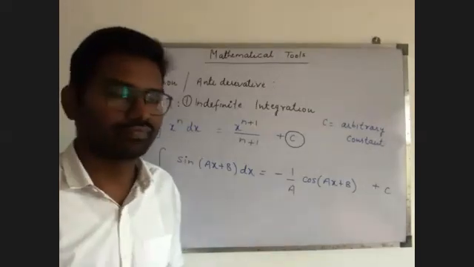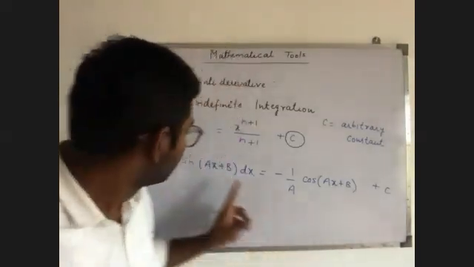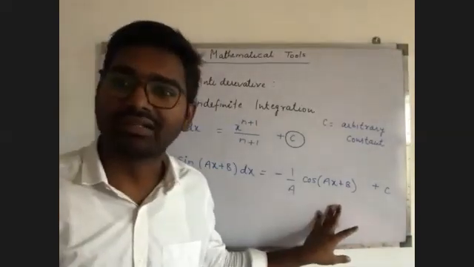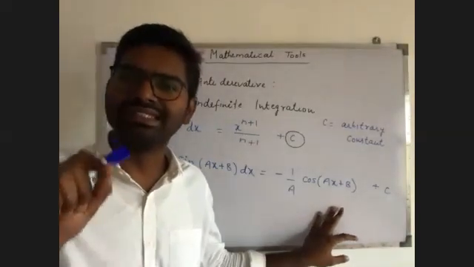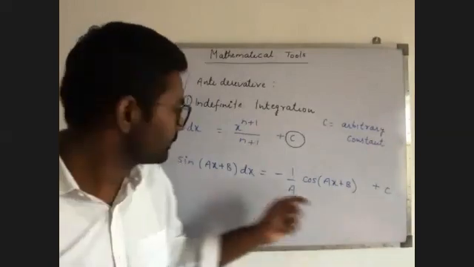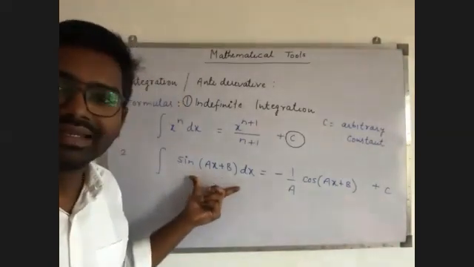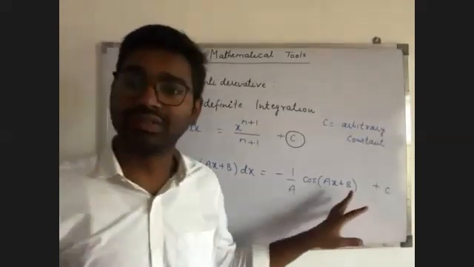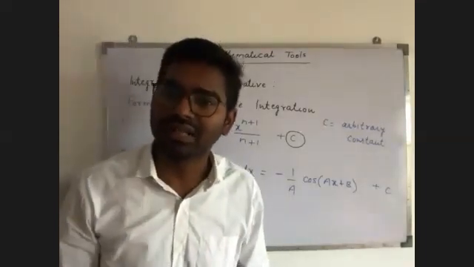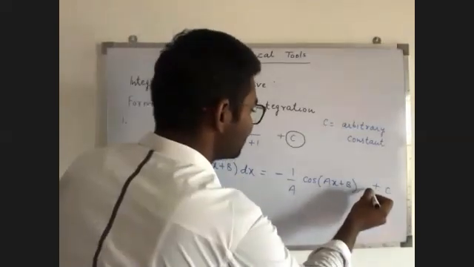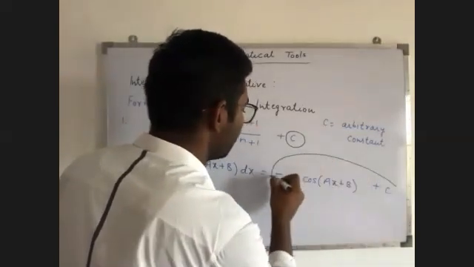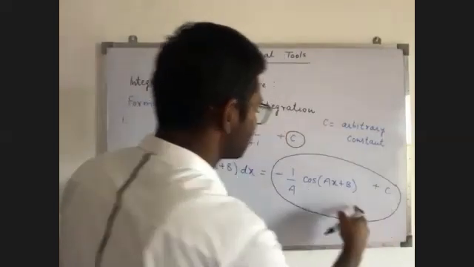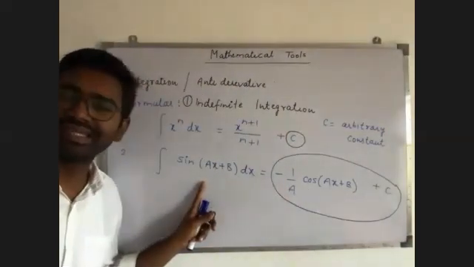This formula clear to everyone? Now look here. How to check whether my integration is correct or not? I am telling you one easy method. I integrated this and I get this. Whether I get the correct one or not, how? If you differentiate this function, are you getting this sin ax plus b or not?